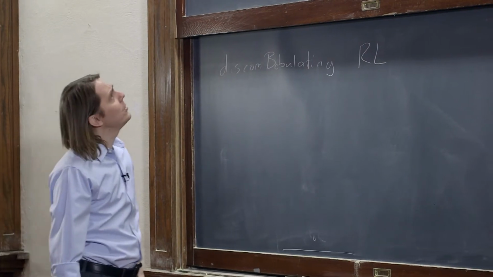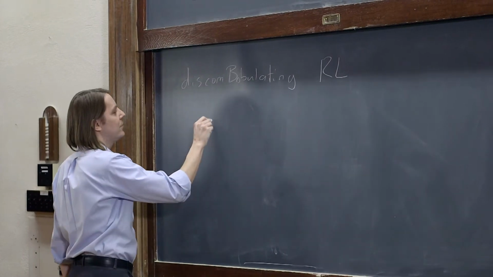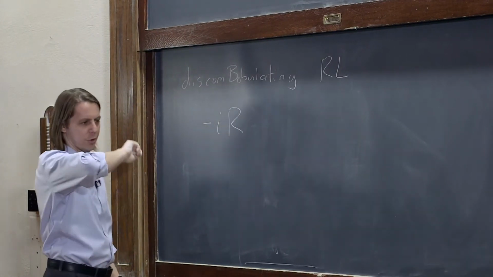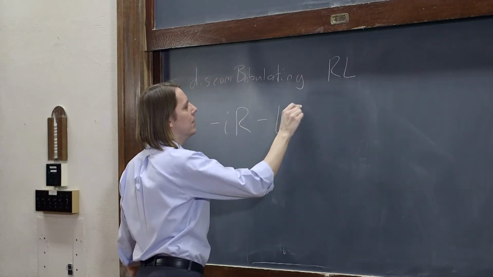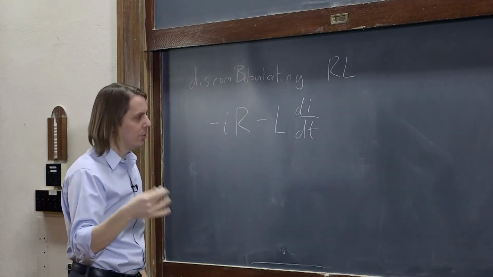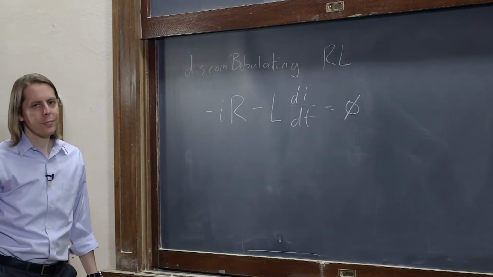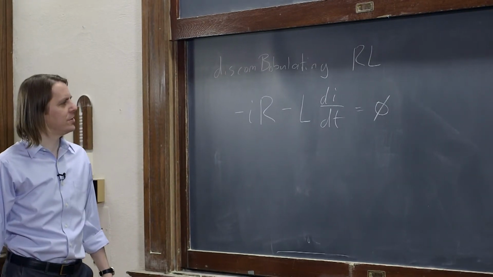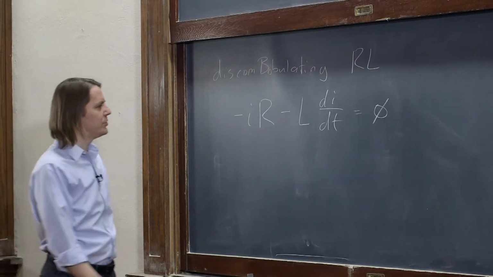Okay, so to discombobulate it, we're going to apply the Kirchhoff rule. Like we just said, we're going to say minus IR, because we're going clockwise around the loop, and minus L di/dt, because we know that's what an inductor does. It has a back EMF, equals 0. And now we're back to our differential equation tricks that do not require substitutions.